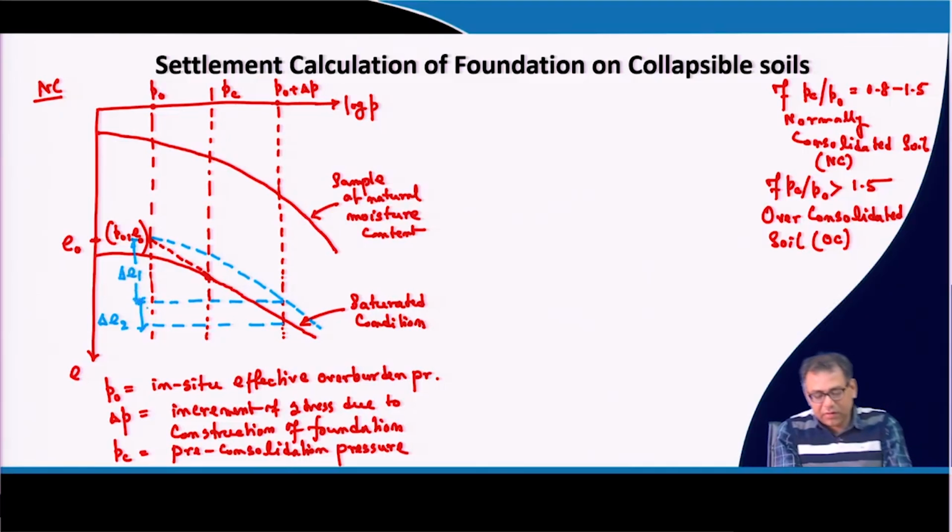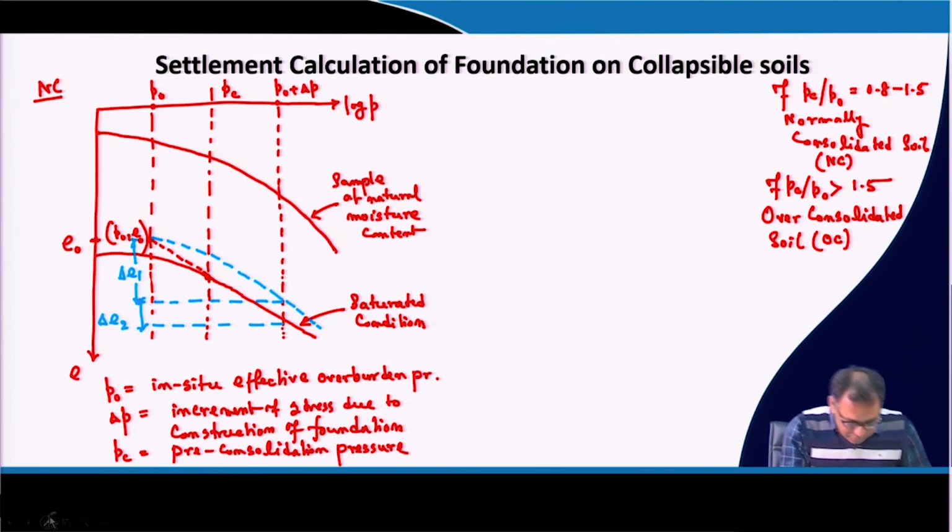Definitely this is not in proper scale, but this is the idea. From the original point to the P0 plus del P point for the natural moisture content curve, the settlement or void ratio change is del E1, and for the saturated sample the additional void ratio change is del E2, and that is the change in void ratio due to the collapse of the soil.